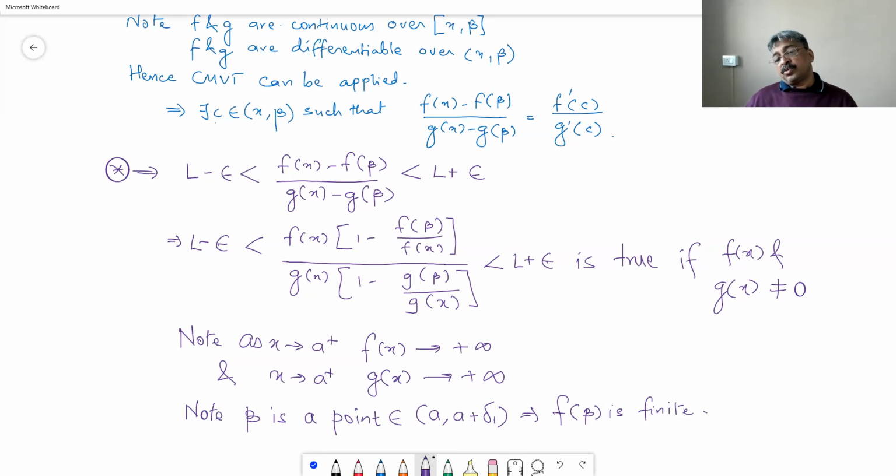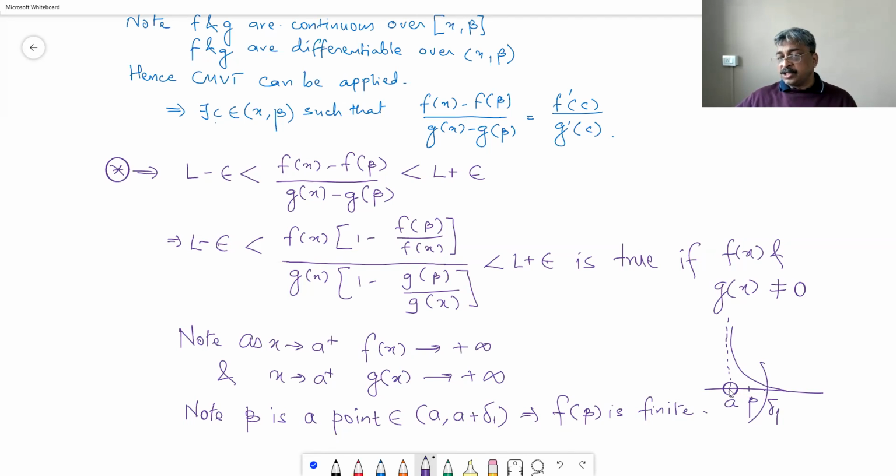Okay, why is this true? Because at a the function is going to plus infinity. At a the function is becoming positive infinity. This is your a, and suppose this is your delta 1, you are choosing b, which is beta, between a and a plus delta 1.